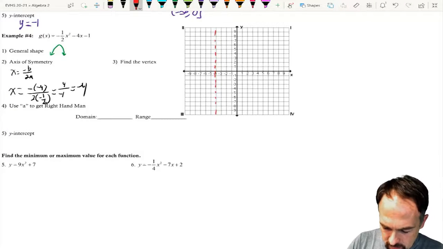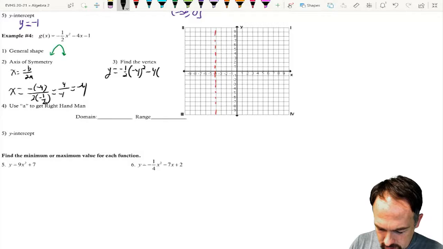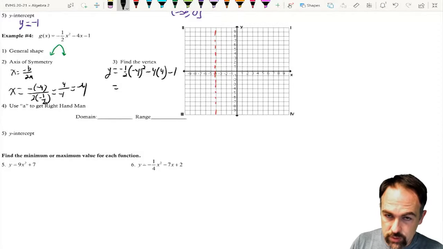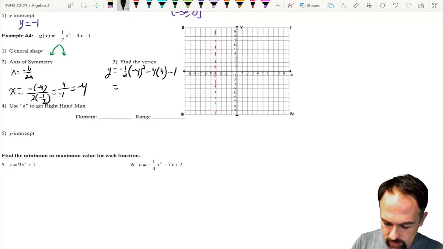Now our vertex is going to be at y equals negative 1/2 times negative 4 squared minus 4 times 4 minus 1. Negative 4 squared is 16 times negative 1/2 is negative 8.